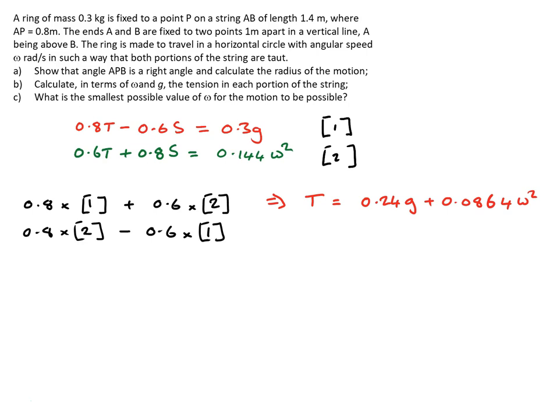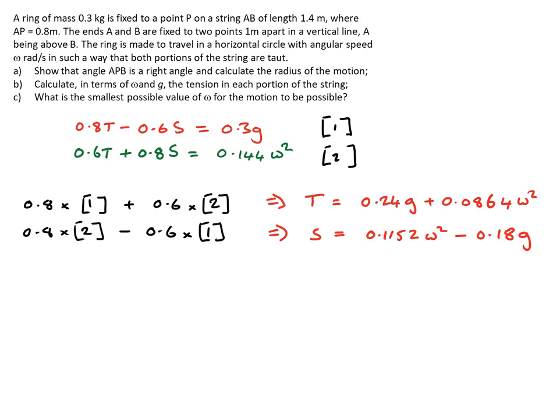We'll be left with 0.64S take away minus 0.36S, so in other words we've got 1S, equals 0.1152 omega squared, so that comes from 0.8 times 0.144 omega squared, take away 0.6 times 0.3g, which is 0.18g. So we've now achieved the point of calculating in terms of omega and g the tension in each portion of the string.